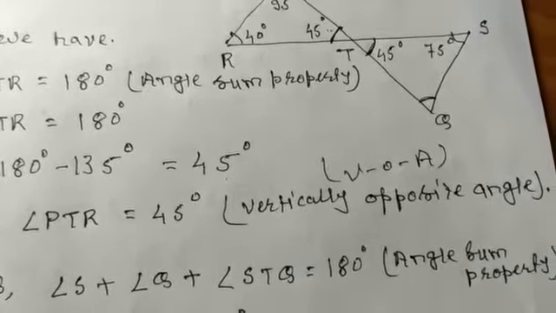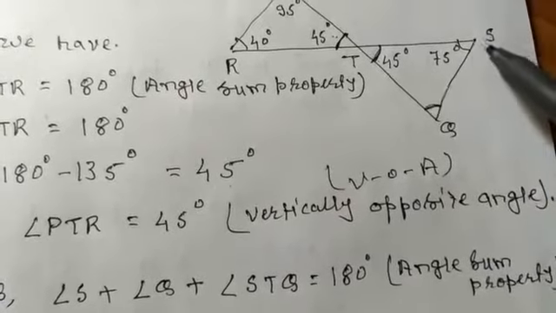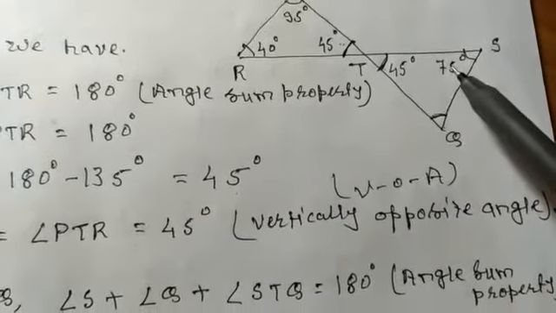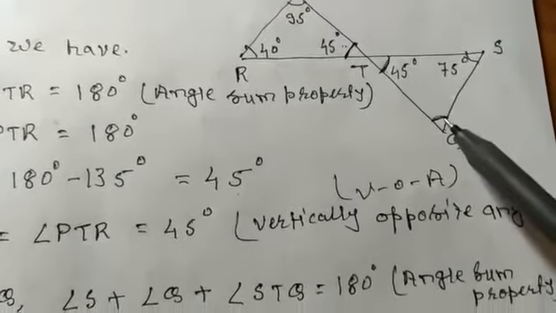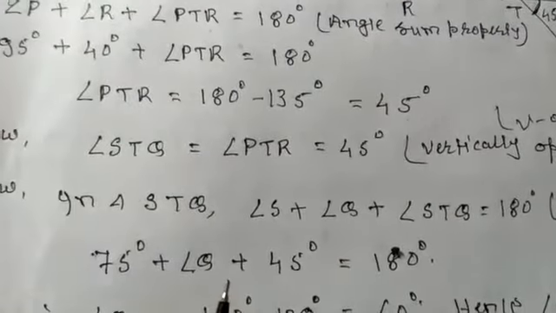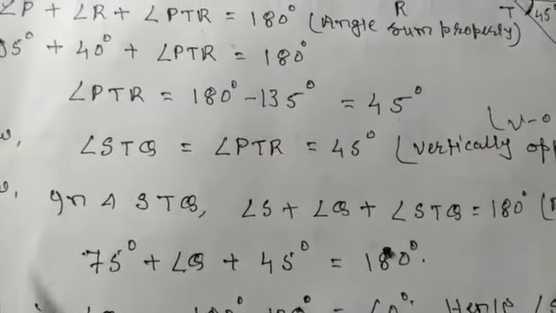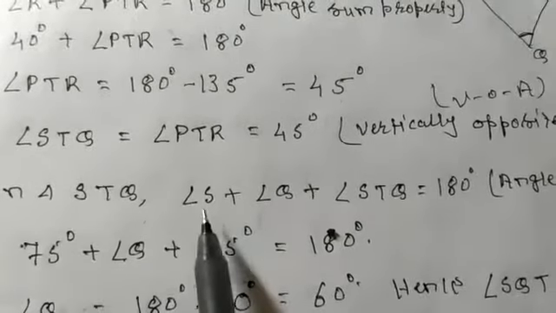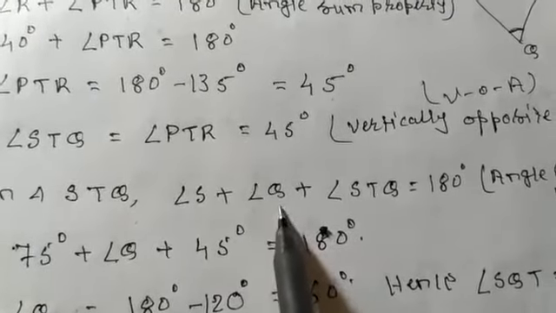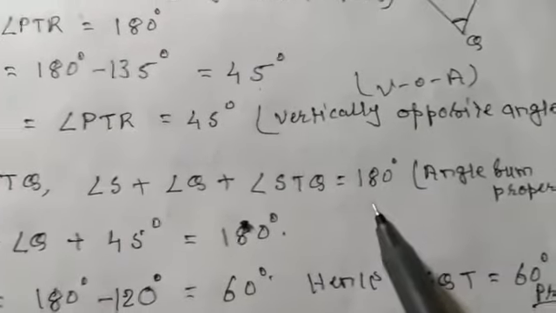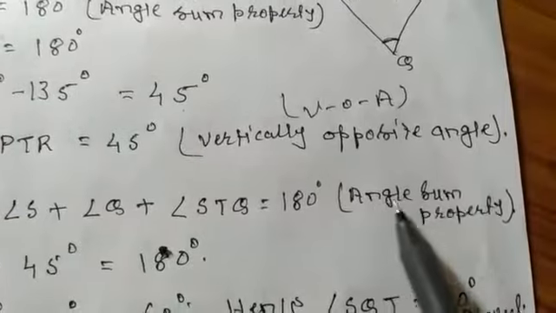So now again, in this triangle STQ, two angles are known. Now we need to find the third one, that is angle Q. So again apply the angle sum property. In triangle STQ, we have angle S plus angle Q plus angle STQ equals 180 degrees due to angle sum property of triangle.